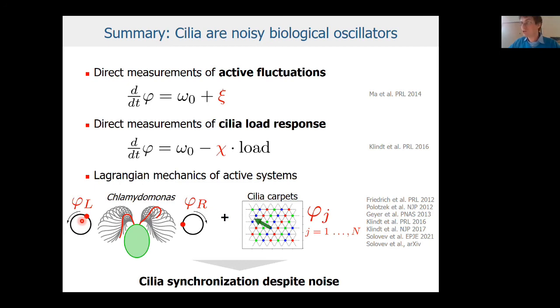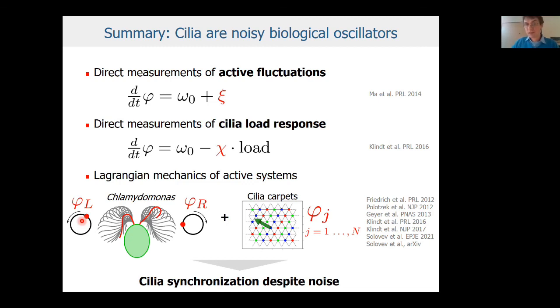And so I think it would be premature to move to a model of a cilia carpet where we include the basal coupling. But already from this model, we can at least say what is the contribution from direct hydrodynamic interactions, and we see how large they are, and we can compare these numbers to a benchmark, namely the noise strengths. And I think that is important, that we not just say, okay, there is some coupling and theoretically that can give rise to synchronization, but we have to ask the question, is the coupling strong enough? Are the synchronization strengths strong enough to overcome the adverse effect of noise?